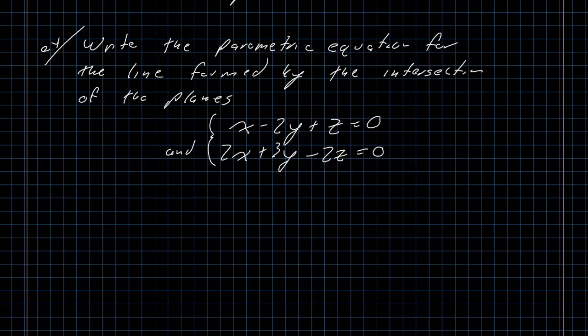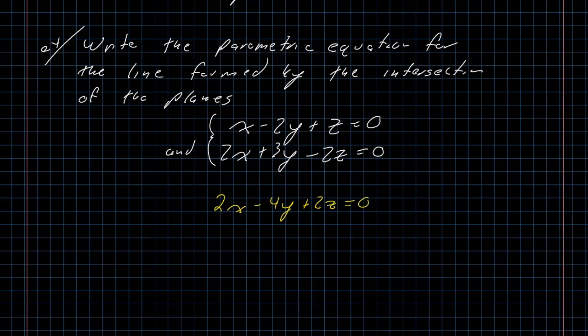All right, so we're going to use the method of elimination. We can choose to eliminate however we so desire. What I see right away is if I take that first equation and multiply both sides of the equation by 2, I get 2x minus 4y plus 2z is equal to 0.